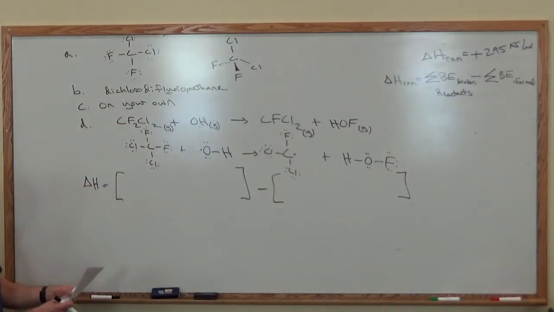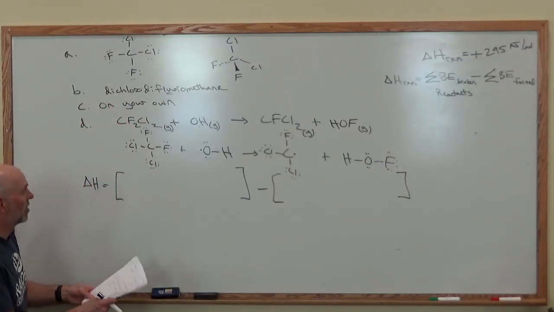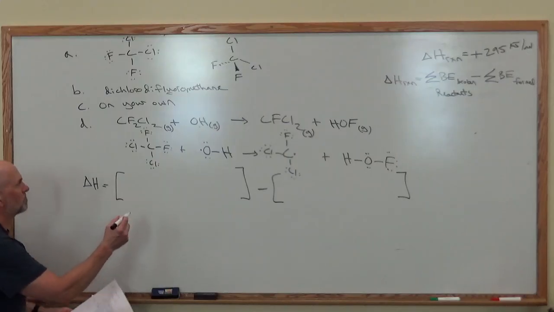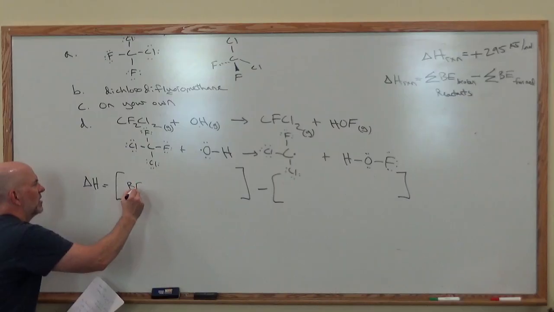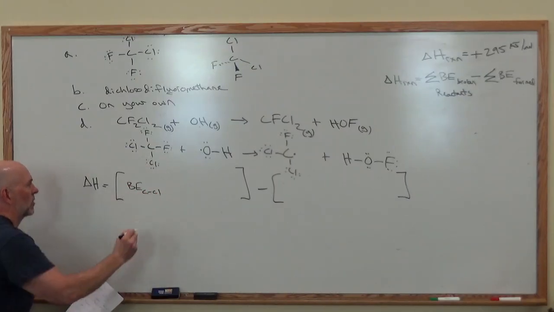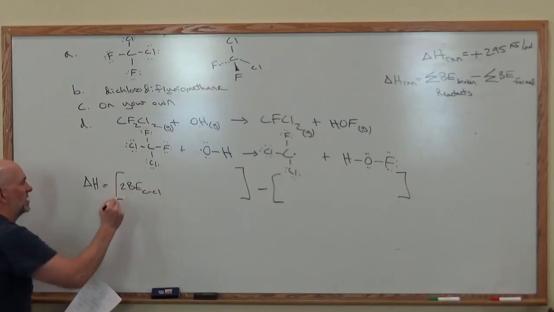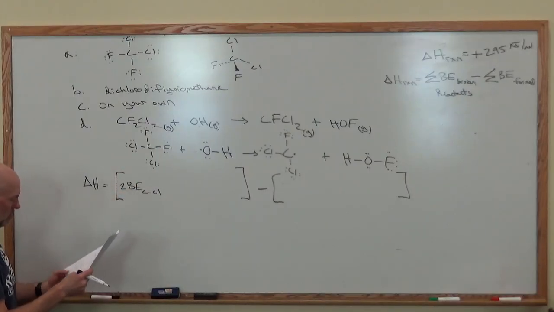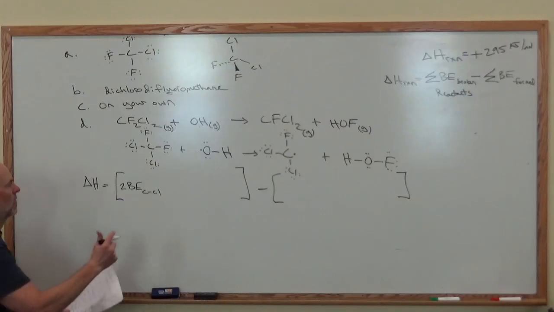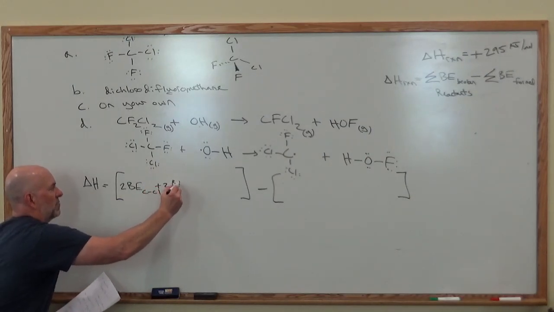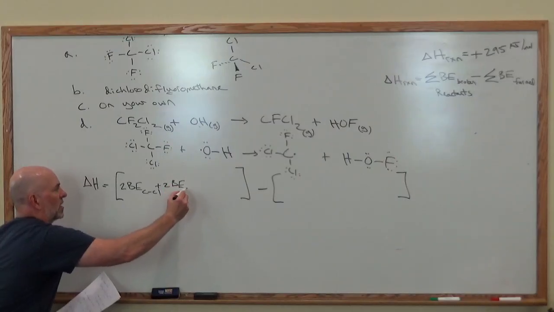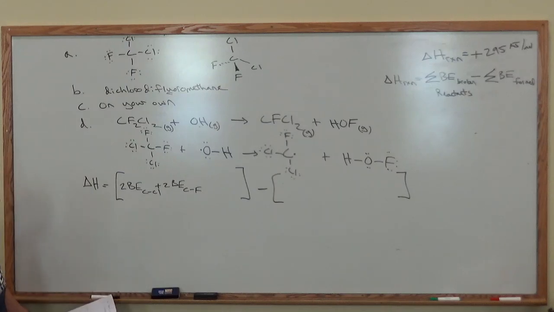So let's see, how many bonds are we breaking? We're going to take the bond energy of a carbon-chlorine bond, so carbon connected to chlorine, and multiply that by 2. Well, that's 2 carbon-chlorine, plus 2 times the bond energy of a carbon-fluorine bond.